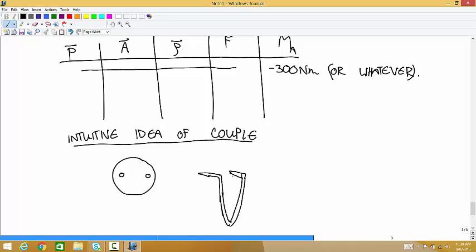Well, when you do that, say that you turn this spanner tool counterclockwise, the effect is a downward force there and an upward force there that are equal and opposite. And so the effect that has is applying a pure moment to this that is independent of what you choose as the about point.